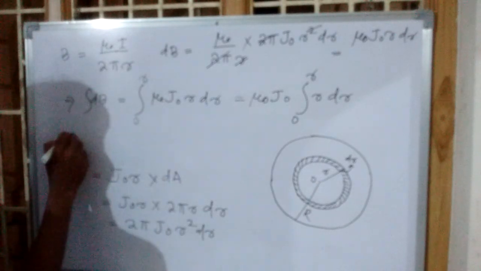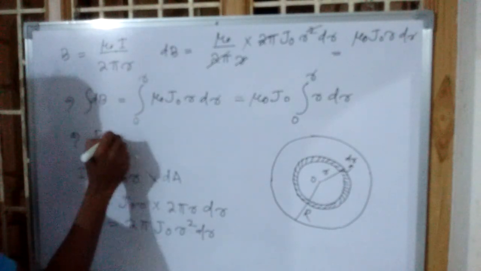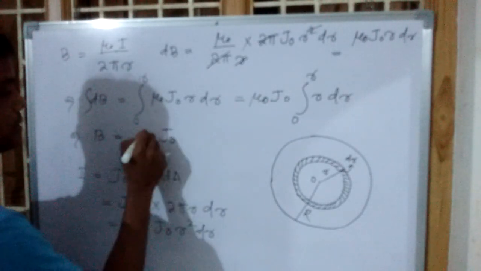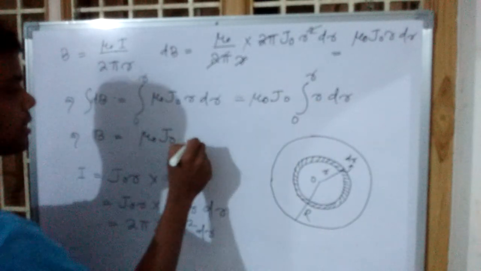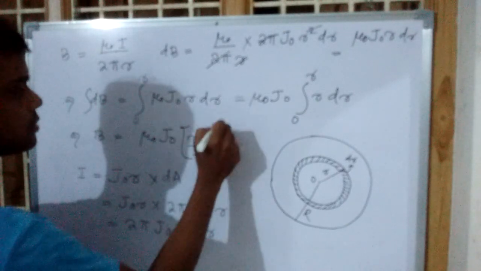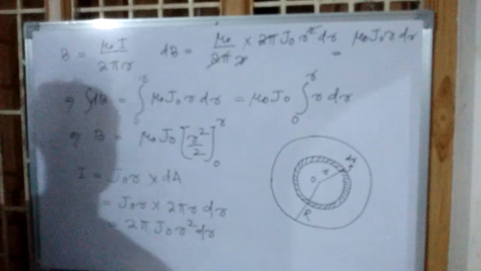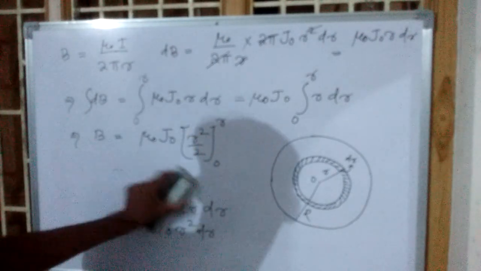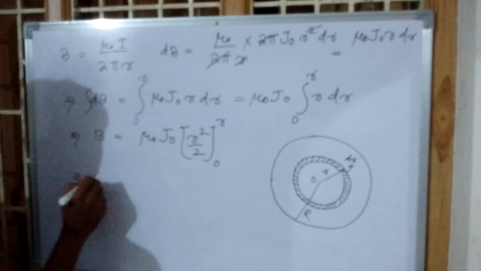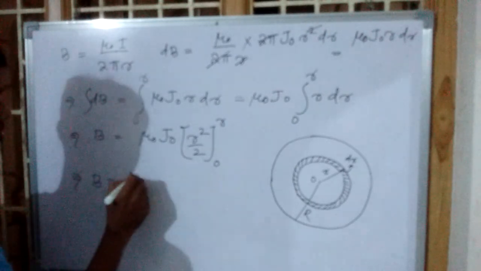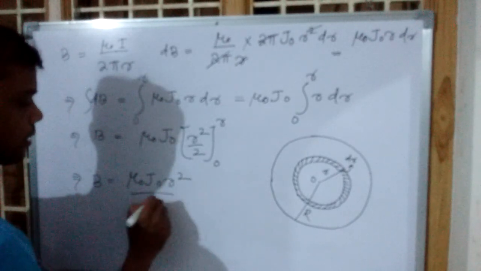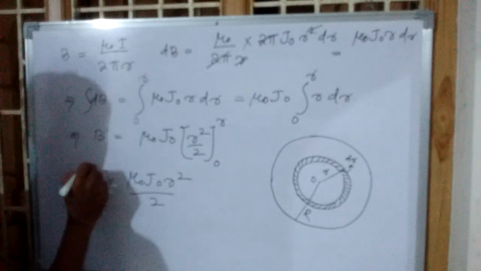Now the integration of dB will simply be B, and the integration of r dr is r square by 2, from 0 to r. In the next step, B is equal to mu naught J naught r square by 2. This is the answer.